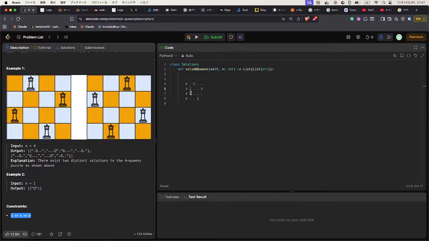Yeah, let me see the diagonal line or not. Diagonally and diagonally. So let me think about this case.